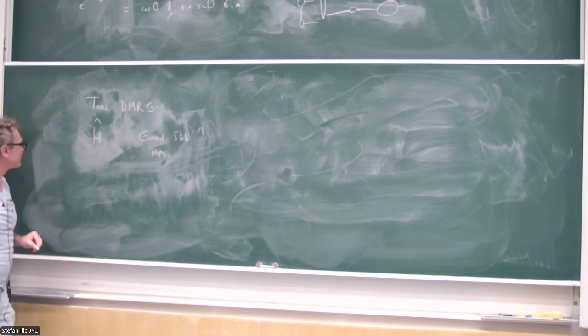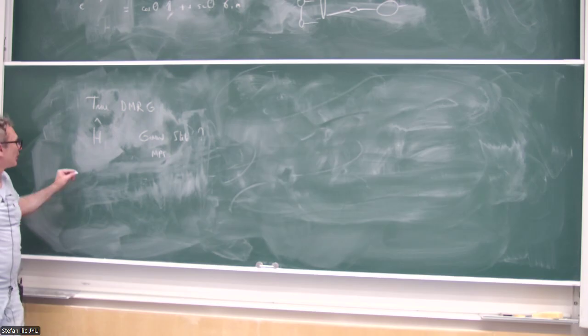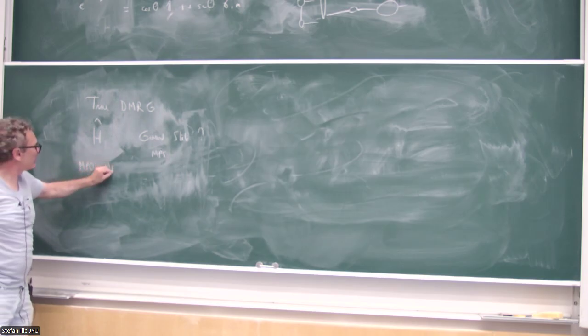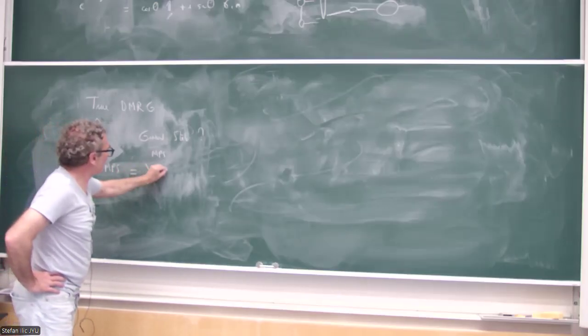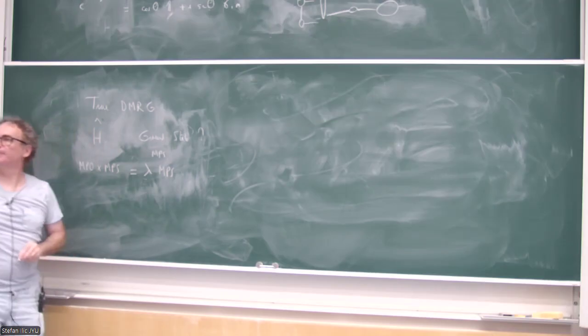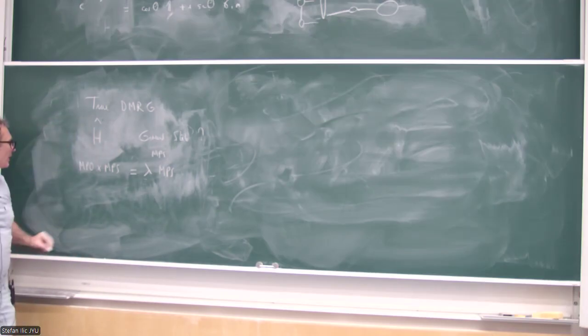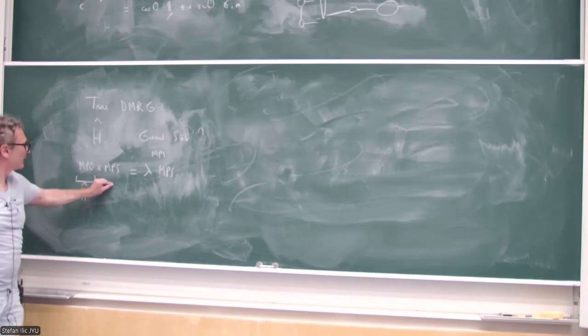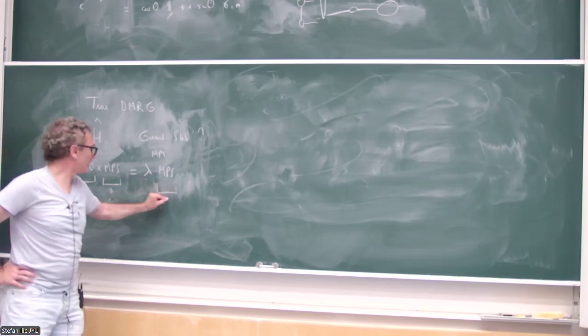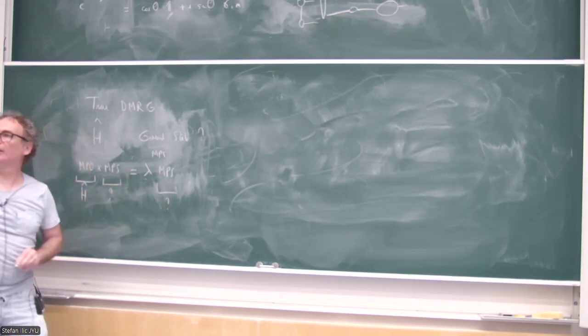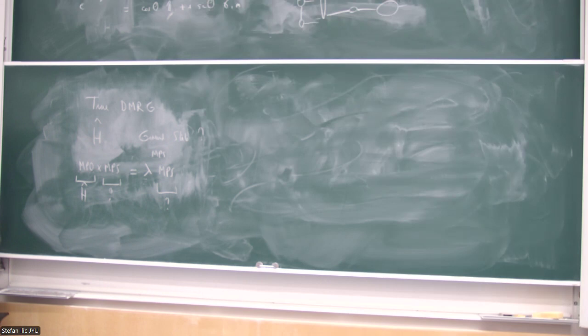Essentially I want to solve MPO times MPS equals lambda times MPS, an eigenvalue problem, where this is the Hamiltonian. This one I don't know, but it's my ground state, the same one as here. And this is the ground state energy.